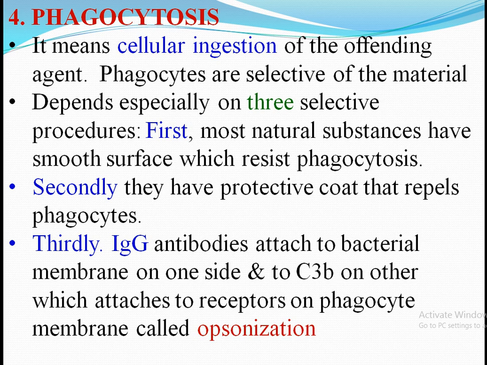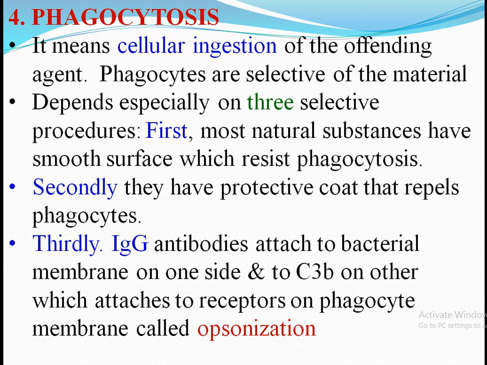Phagocytes are selective of the material, depending especially on three selective procedures. First, most natural substances have a smooth surface which resists phagocytosis. Secondly, they have a protective coat that repels phagocytosis. Obviously, they are not offering themselves to the phagocytosis process.